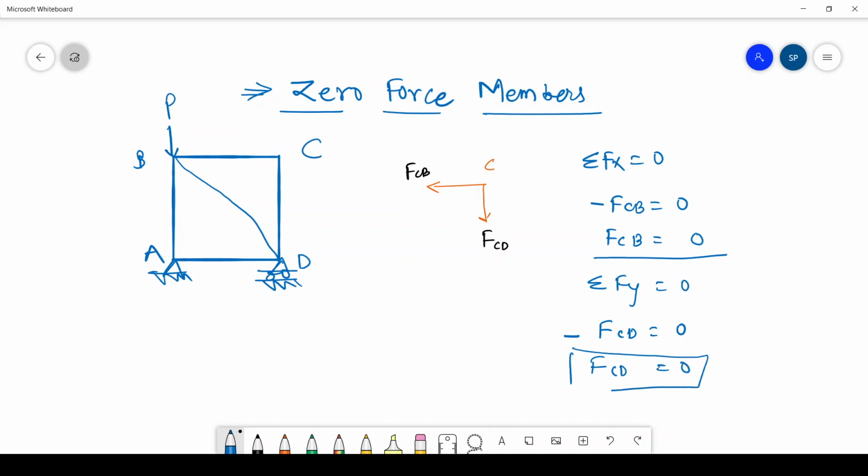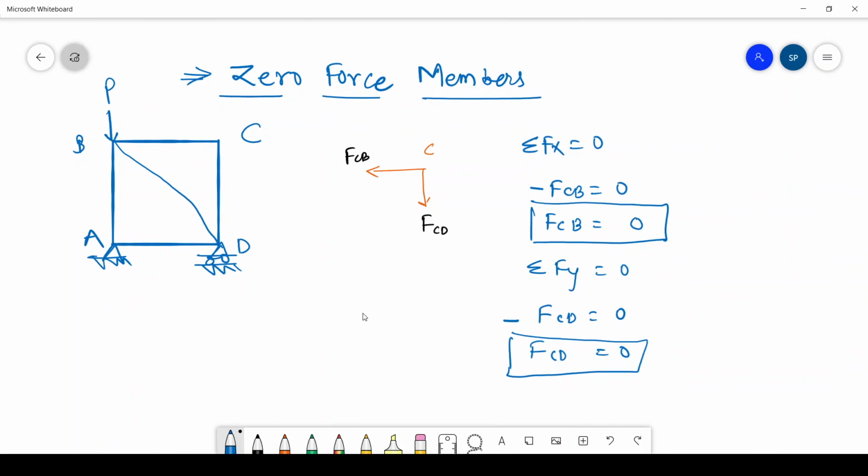So if I can identify such zero force members by visual observation, it will be a great help in reducing the time of analysis of this truss. Once I know the typical joints that give an idea about zero force members, if you can observe a truss and identify such joints, that will drastically reduce the time of truss analysis.